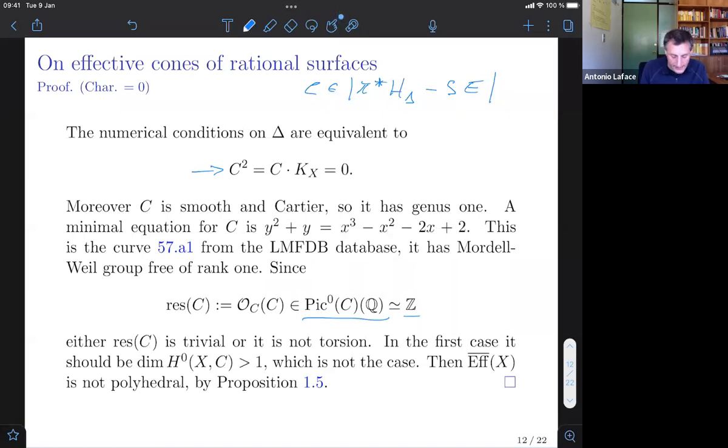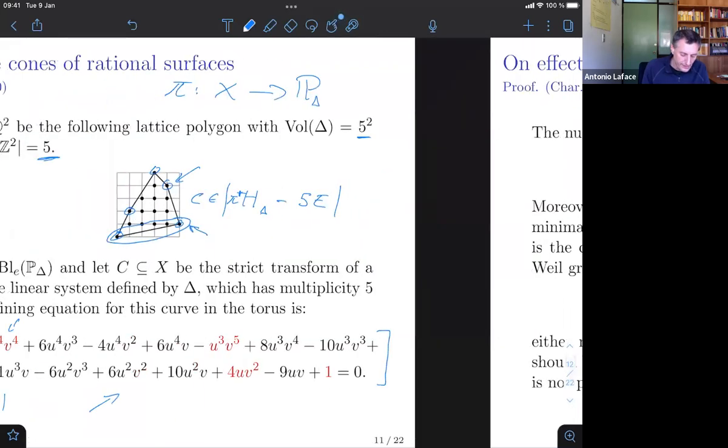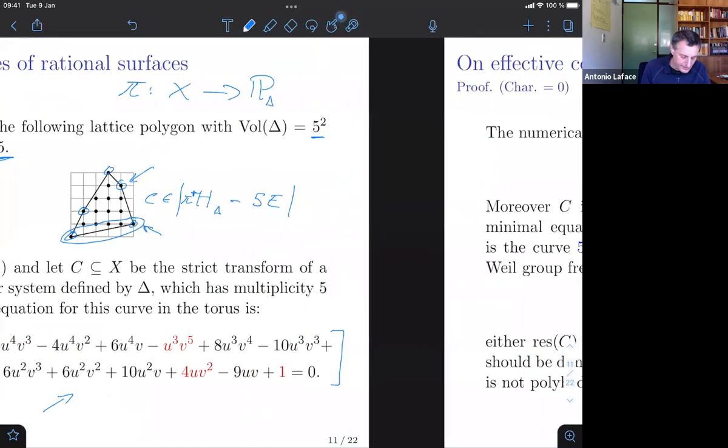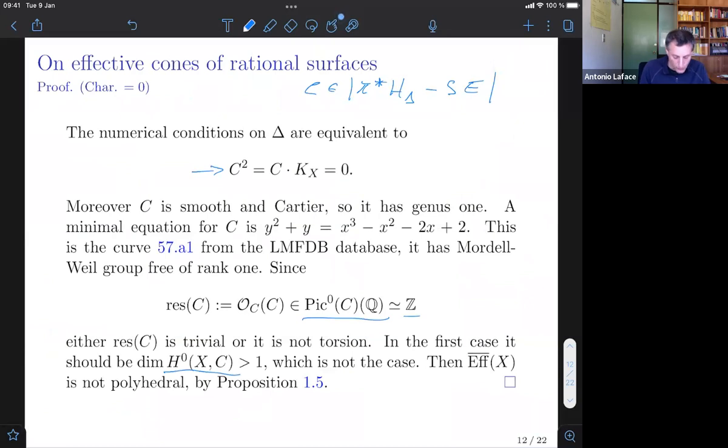But this is not the case because, let me go back, when you try to solve the linear system of these monomials imposing the point of multiplicity 5, you only get this. This is the solution of the linear system. So actually this implies that the dimension of this H0 is equal to 1. And so this implies that the restriction of C must be non-torsion.